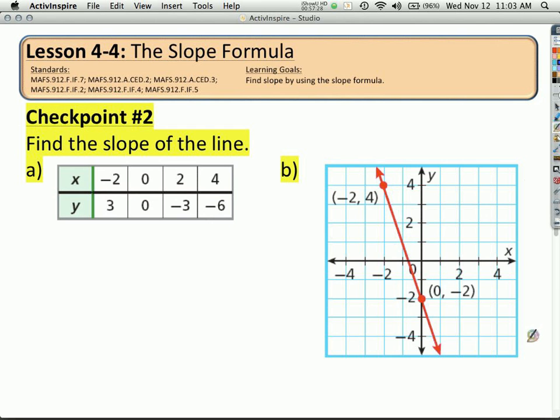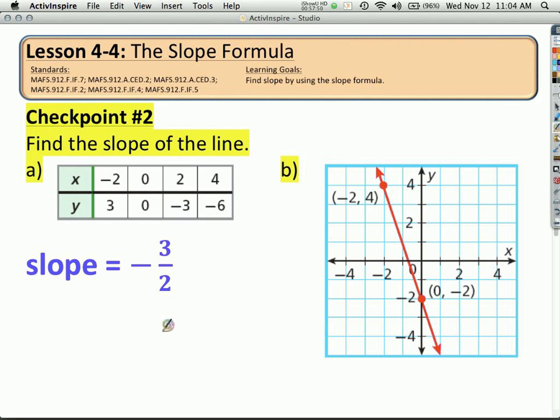Should have raised your hand and asked for help if you're still struggling. Number 15, what'd you get? 3 over 2. So the slope is -3 over 2. Garen, you got the right slope, but what mistake did you make?